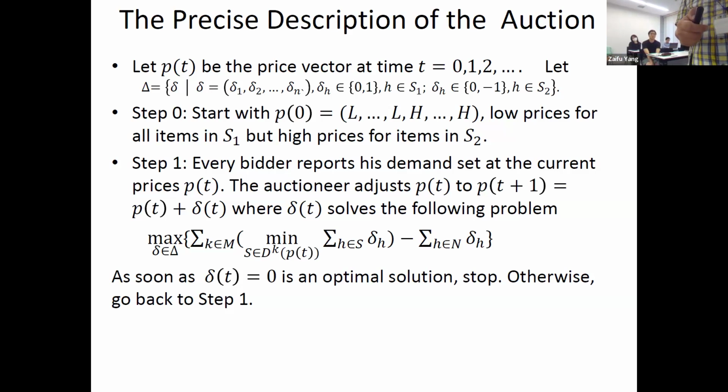You start with a very low price for one group and a very high price for the other. This idea is still very similar to the DGS auction. Here the auctioneer adjusts the price and then asks every bidder to report his demand set.